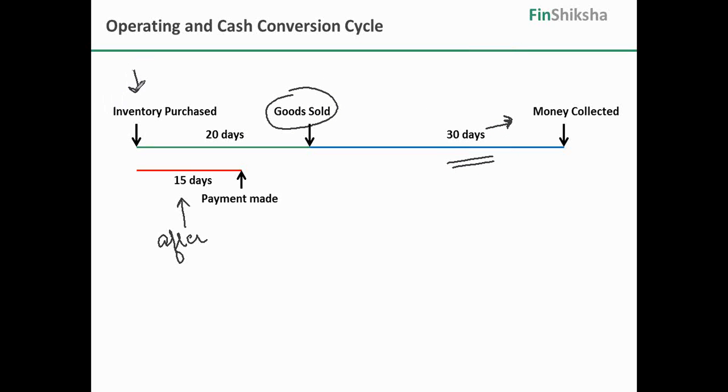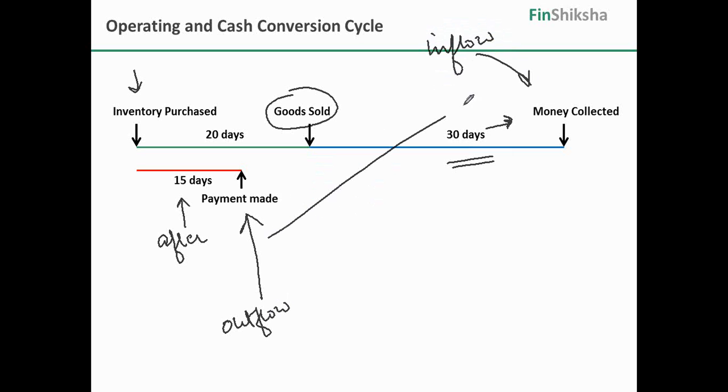If I invested some money, if I bought some raw material here, this is where the money outflow happened. Somewhere here is where the inflow will come in. Now the difference between the outflow and the inflow is what a business has to fund. That's what we are looking at in terms of cycles.